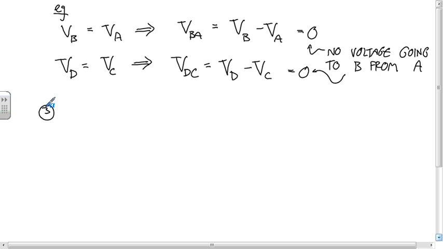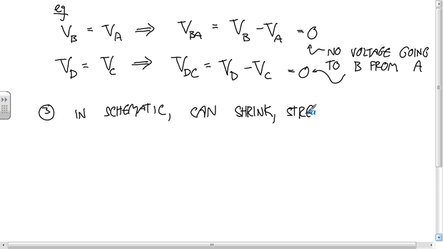And 3, so the last important fact about schematic diagrams is in the schematic, you can shrink, stretch, or bend any wire without changing the meaning of the schematic.